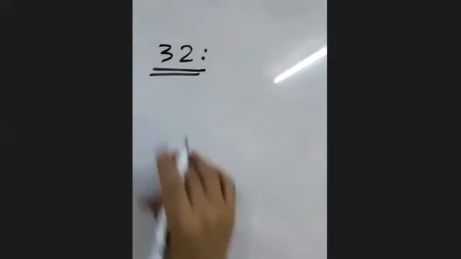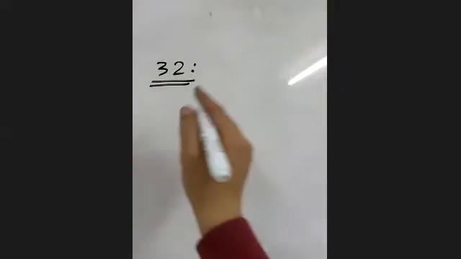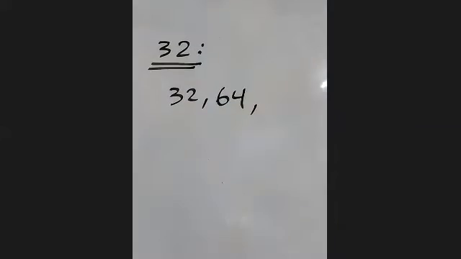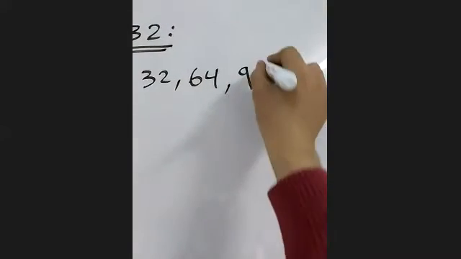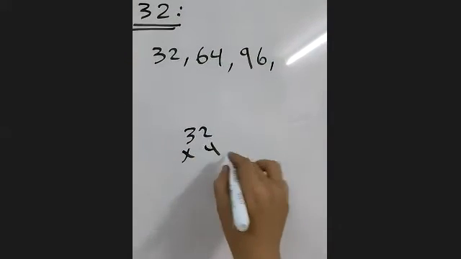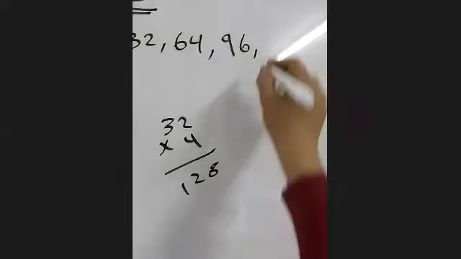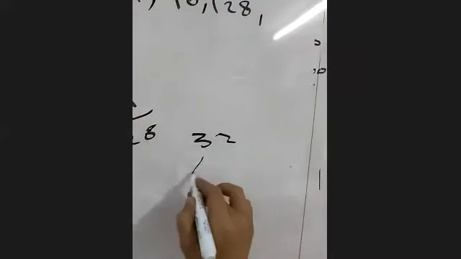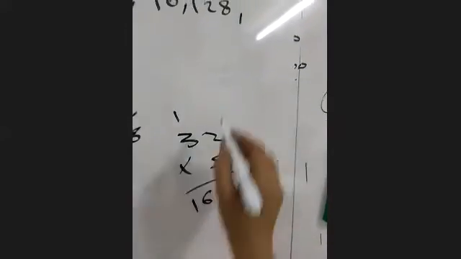But always small numbers? No. If I want, for example, multiples for the number 32, a big number. I will start. 32 by 1, 32. 32 by 2, 64. 32 by 3, 96. 32 by 4, 128. 32 by 5, 160.